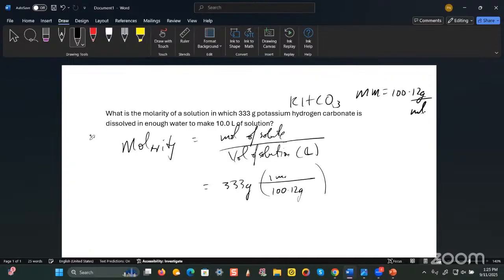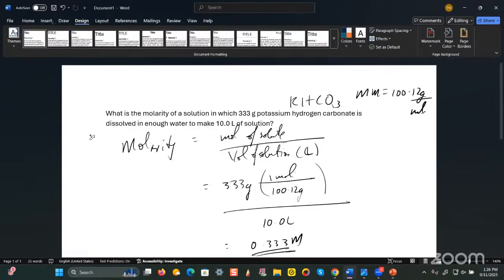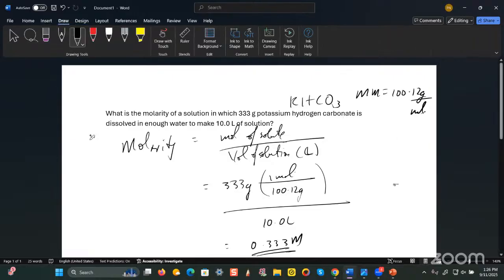And 1 mole goes above, right? So that gives you the moles, and then we divide that by 10.0 liters. That's it. So let's see what this gives. 333 divided by 100.12 divided by 10. So according to my calculation, this works out to, when rounded, 0.333 M. That's all that is done. All right? Any questions about this? Questions?